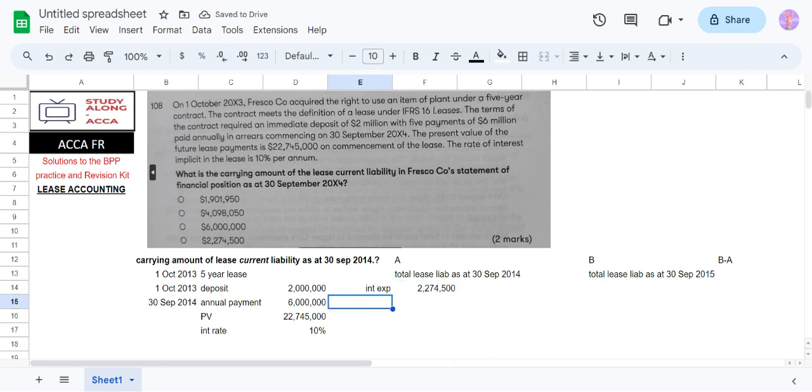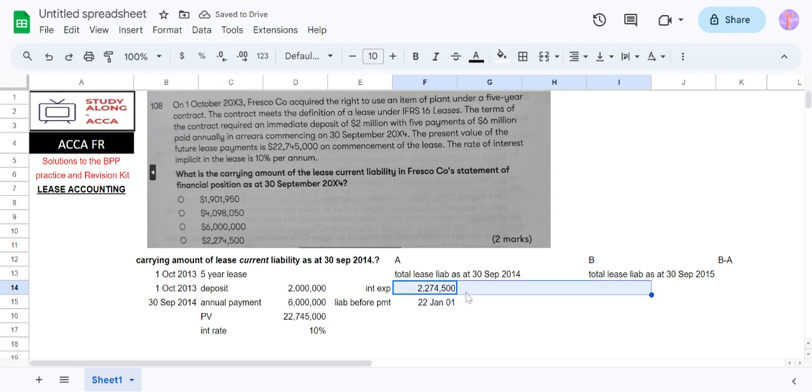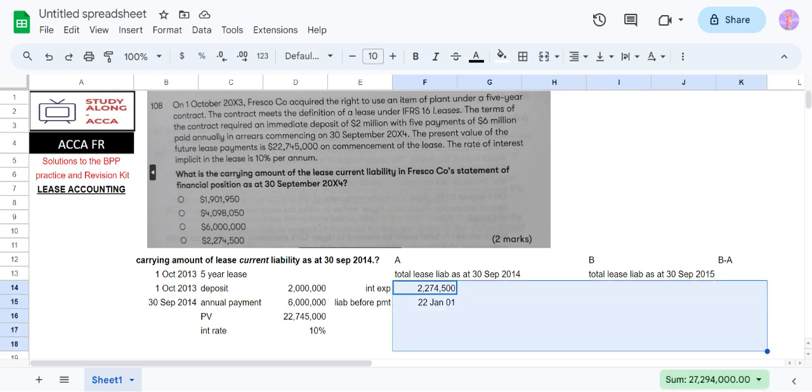So then my liability before payment is the present value plus the interest. Oops. Need to fix this. Give me a second. I will take the financial format, and I don't need these decimals.